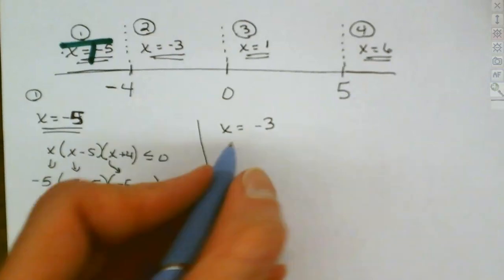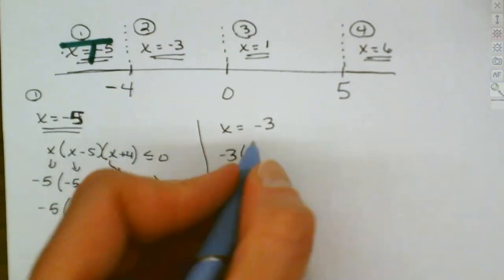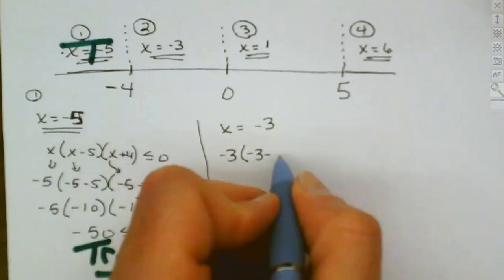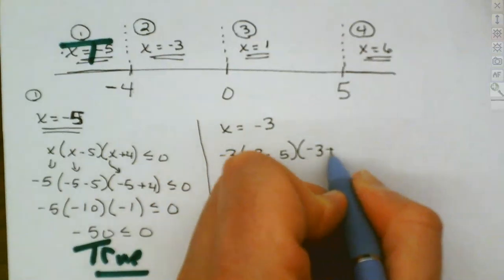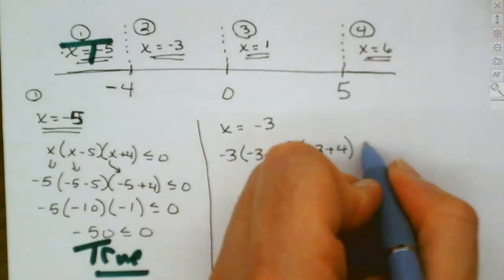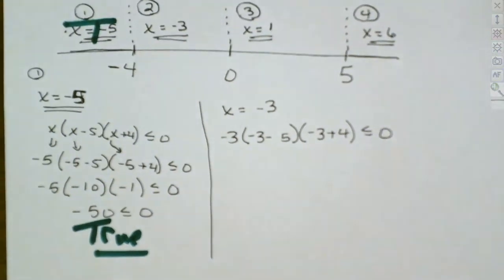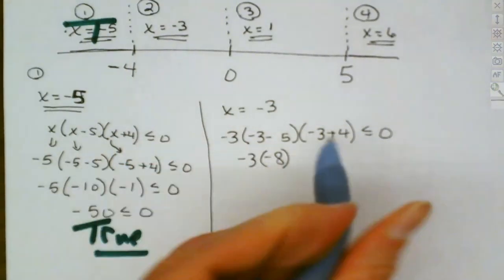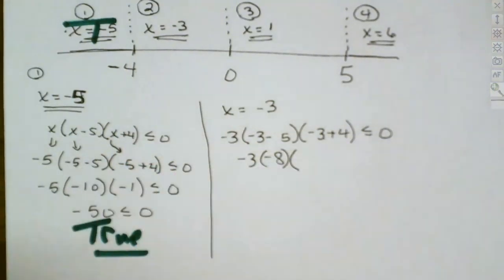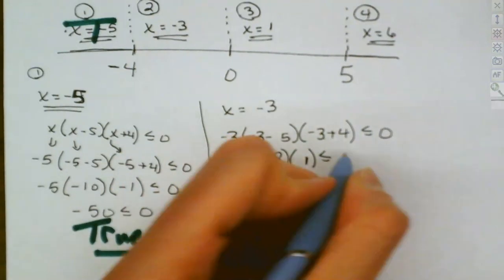So plugging our values in, we've got -3, and then -3 minus 5, and then -3 plus 4, and that's supposed to be less than or equal to 0. -3 minus 5 makes it a -8. -3 plus 4 is a +1.